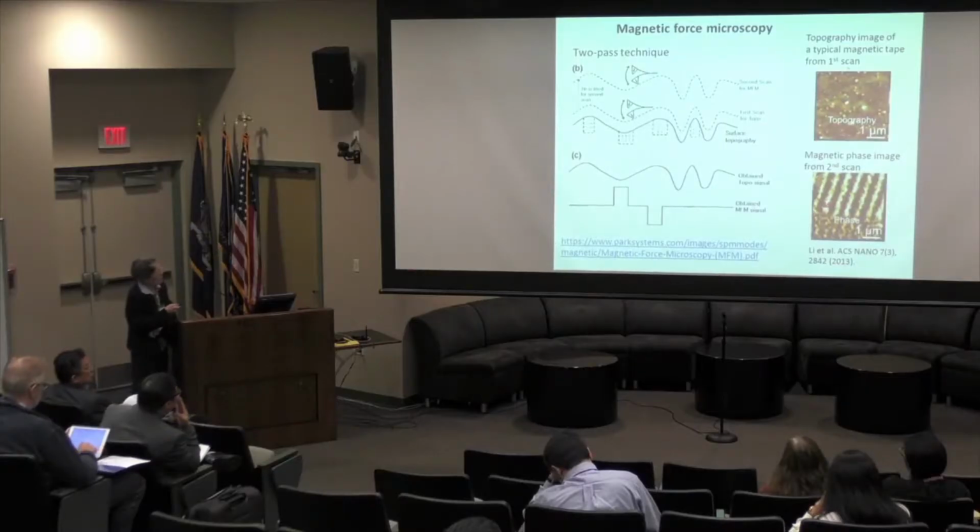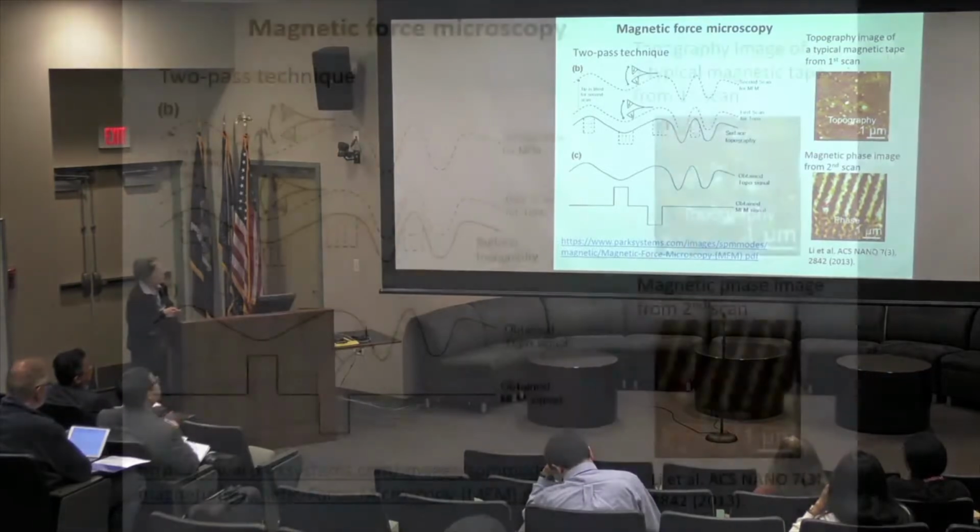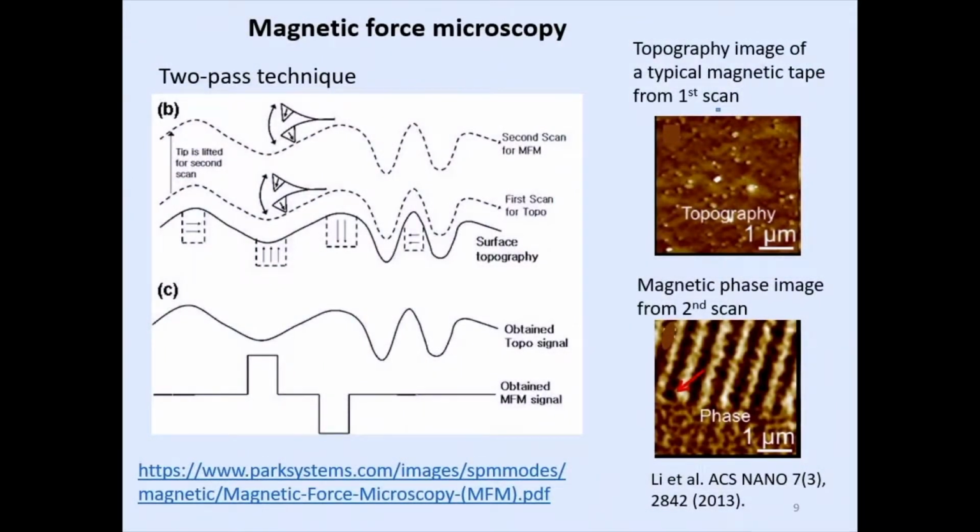So then we thought maybe we can use a magnetic force microscope, in collaboration with Dr. Shi at Park Center in Albany. What we learned from her is that you first scan and do a topological mapping. This is a typical magnetic recording tape. You basically see the topological feature. Then you lift the tip a certain height above this first scan.